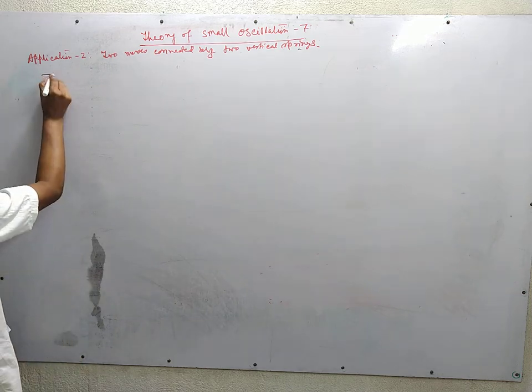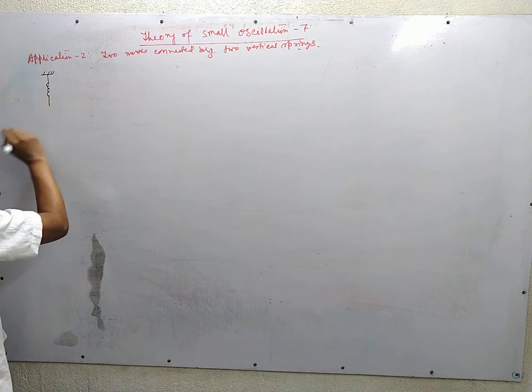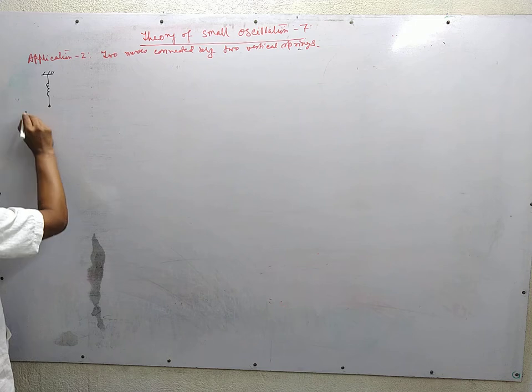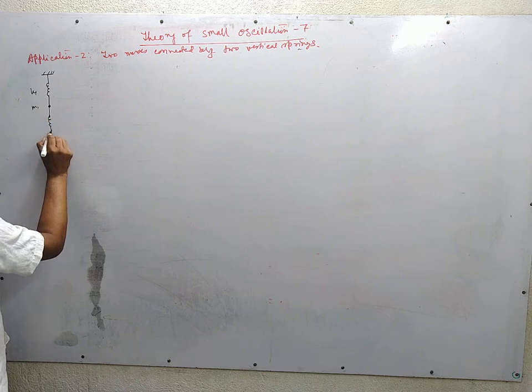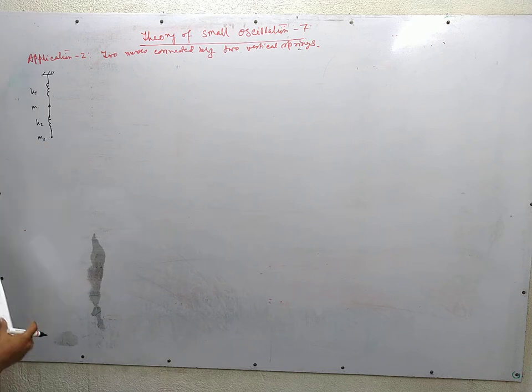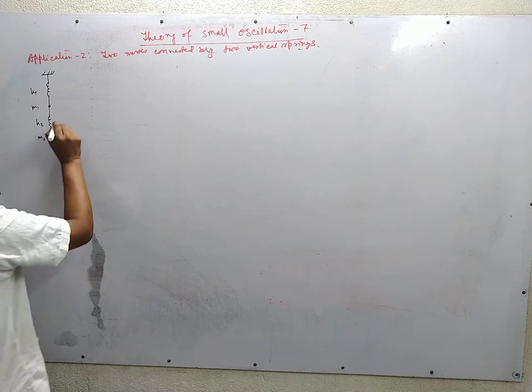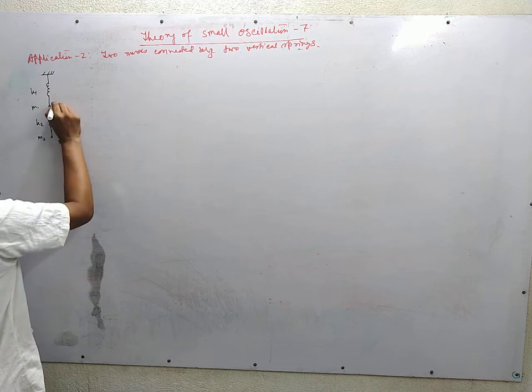We have a rigid support. There we have an elastic spring and a mass m1 is connected with it. And there is another spring of spring constant K2 and a second mass m2 is hanged from this. And the entire system can move vertically up or down.